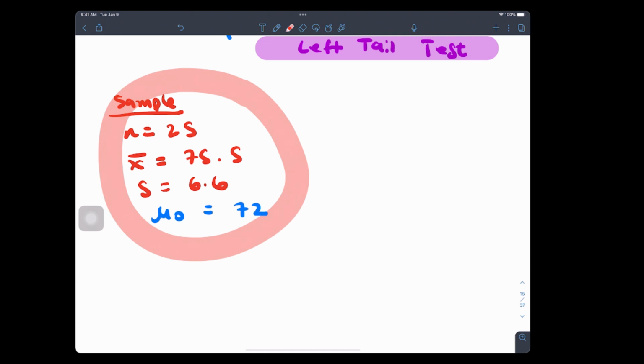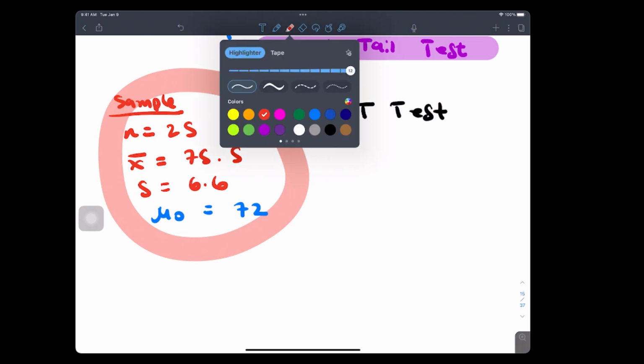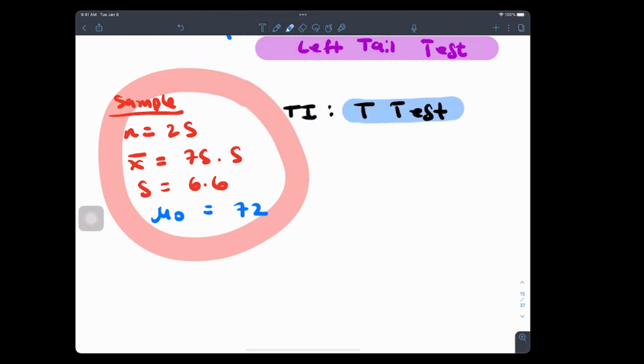What do you guys use? The TI calculator T test. Why T test? Small sample. Every one of these examples I give you on this sheet are small. It's why I separate it, small sample. You guys know what I mean?